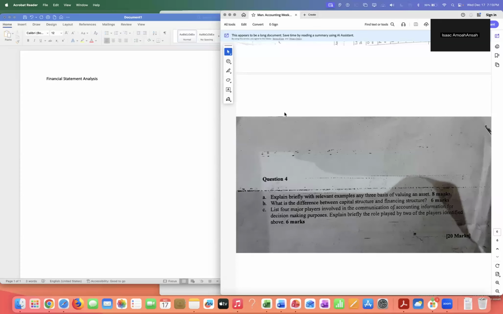The role of management in communicating the accounting information is to prepare the financial statement, right? So the role of the first player, which is management, is to prepare financial statement. And then the second player that we can talk of will be independent auditors.